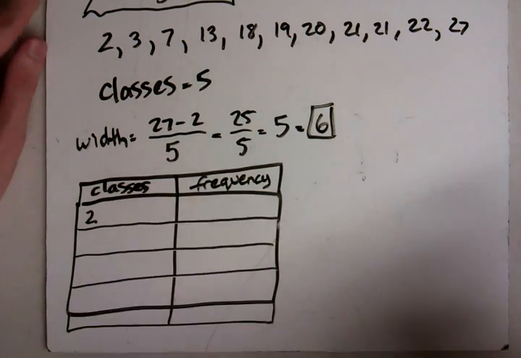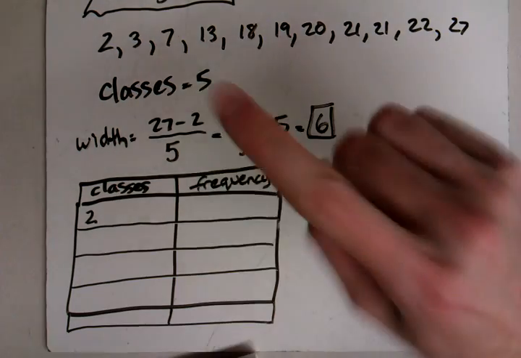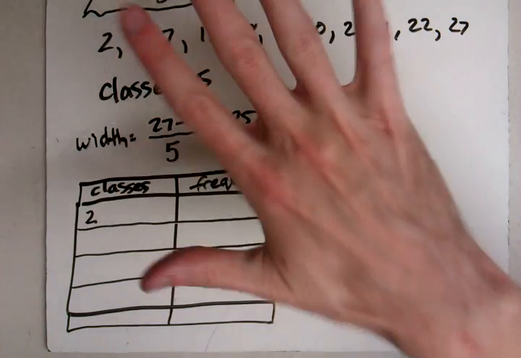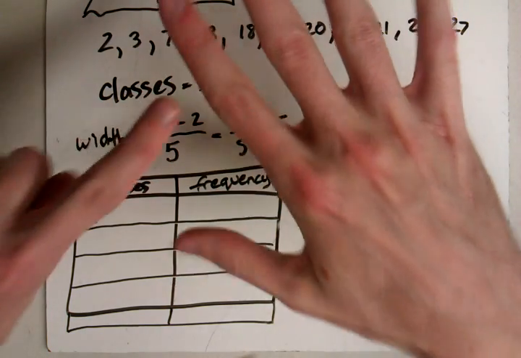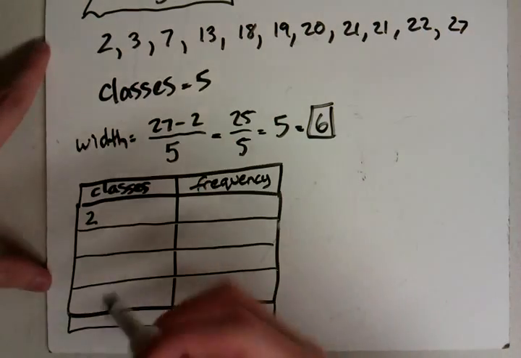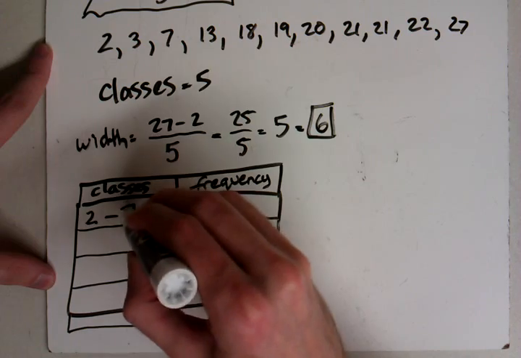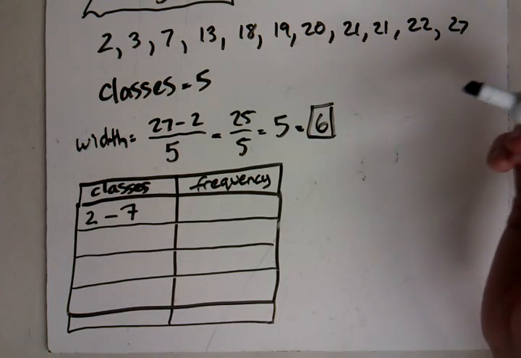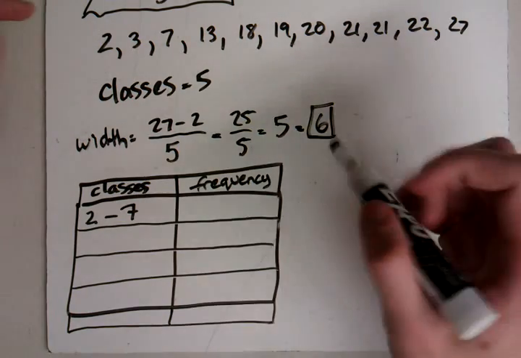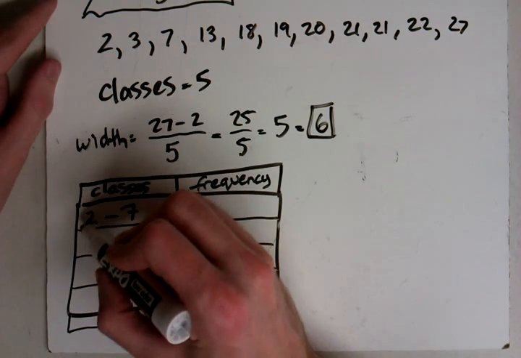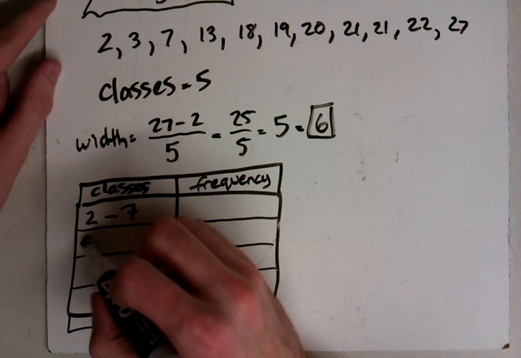If we want a width of 6, we start at 2, 3, 4, 5, 6, 7. So I have 6 numbers, and it's going to go up to 7. So from 2 to 7. Another way to figure this out instead of counting on your fingers is to add that width to the first number. 2 plus 6 would be 8.